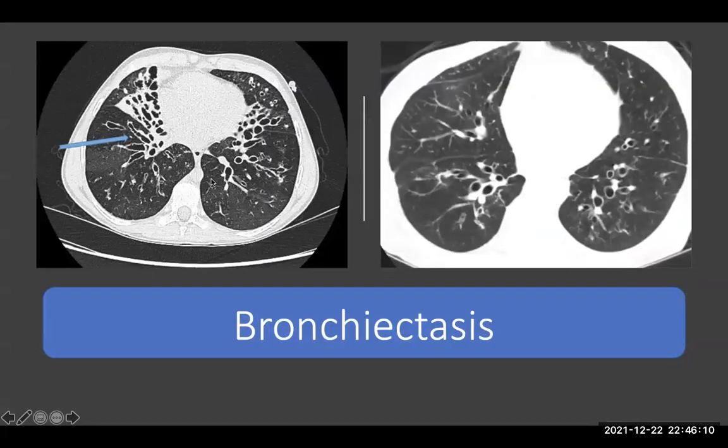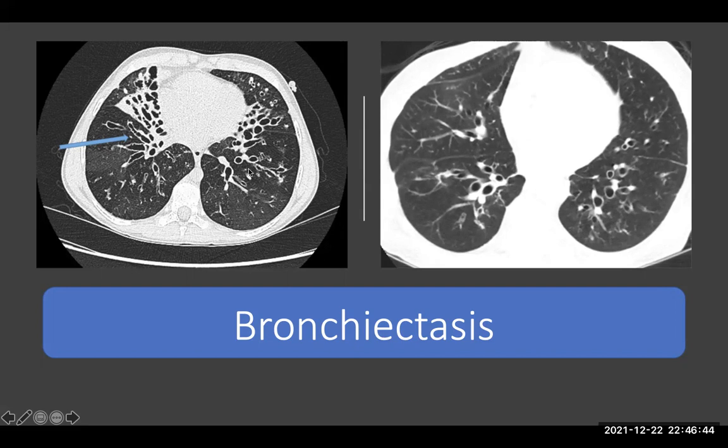In HRCT, you can see this is called the signet ring, just like our finger ring. This wide black portion is the dilated bronchial wall, and beside the dilated bronchial wall, this white thing is the blood vessel. Combined, these two things form a ring. This is called the signet ring. This is very pathognomonic for bronchiectasis.